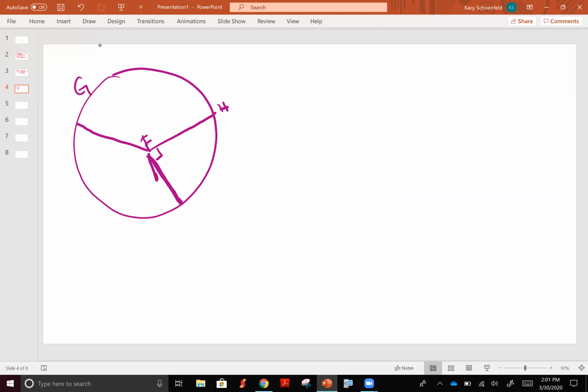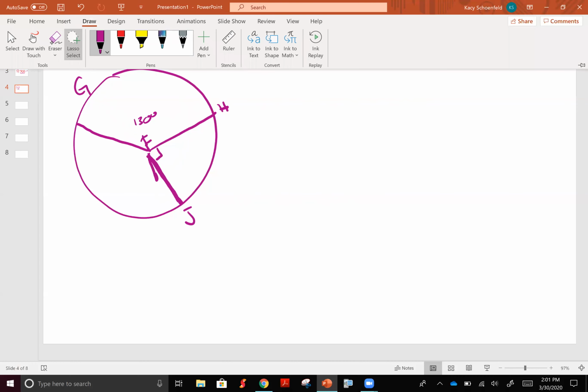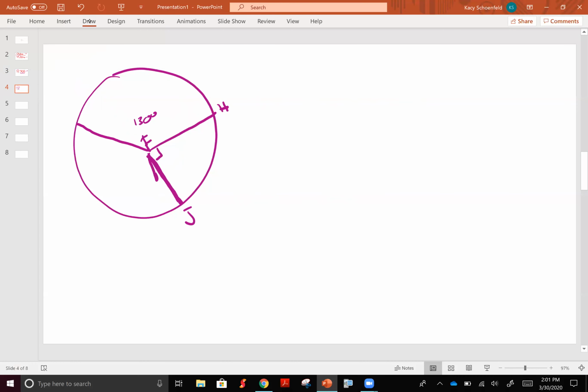Okay, so if I'm looking at this guy, we were told this is 130 degrees, and this letter was J. So the other thing to think about is, I'm going to erase this G so it looks like it's showing up in the right place.